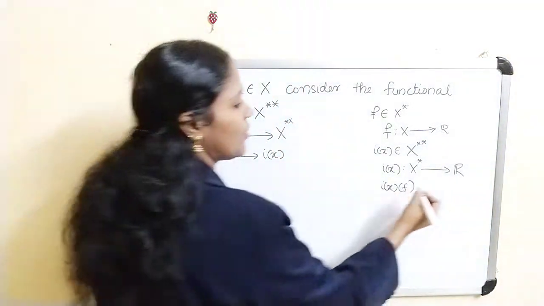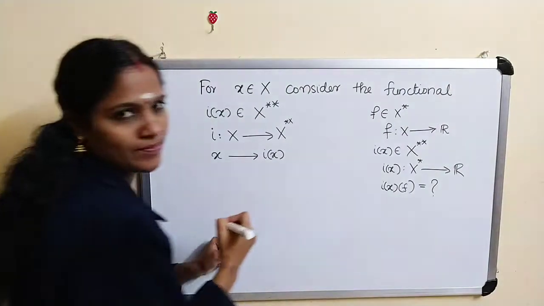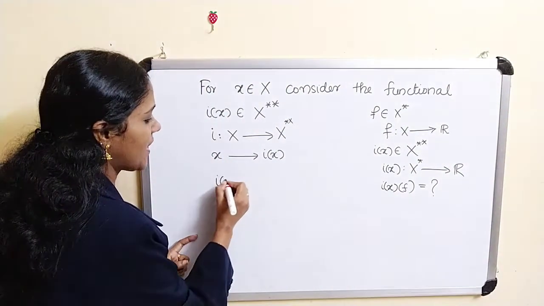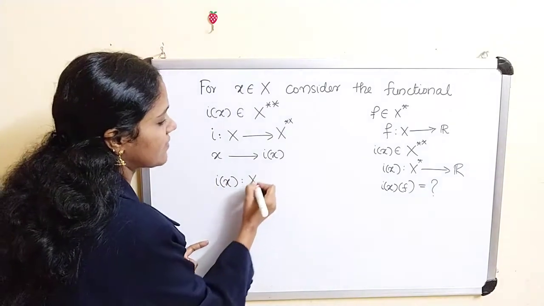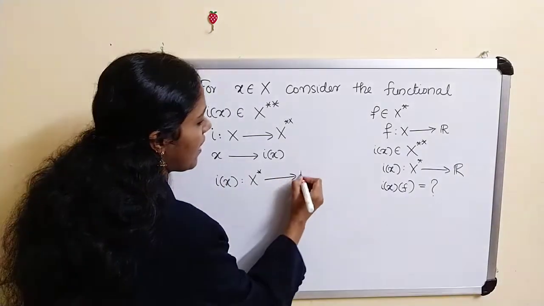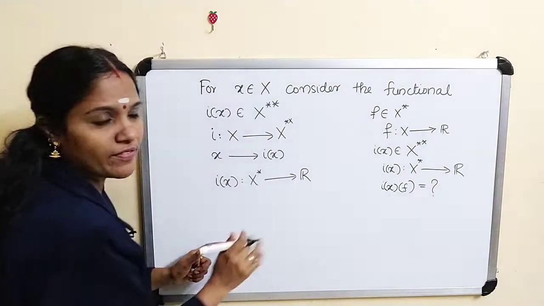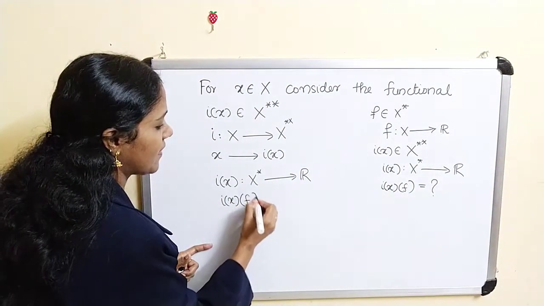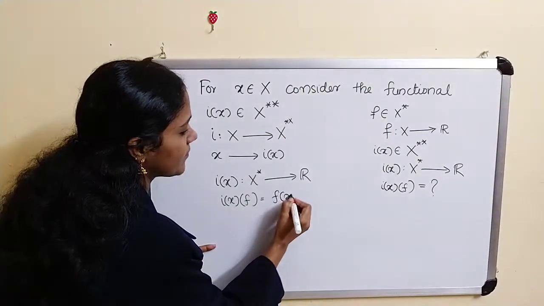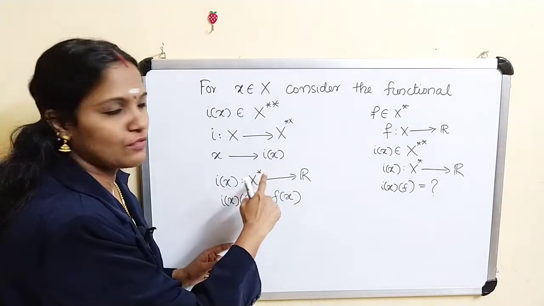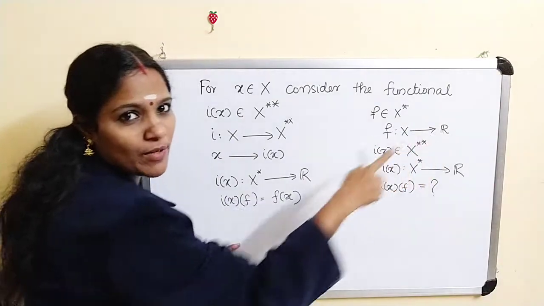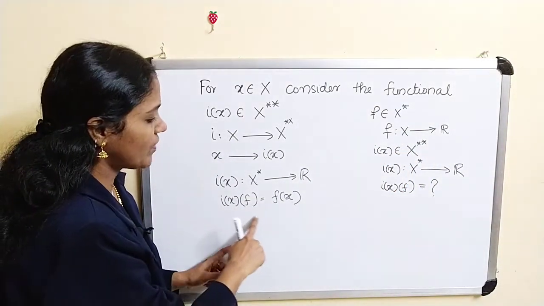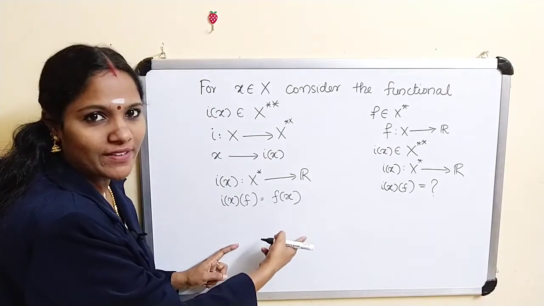For x belonging to X, we define I of x from X star to R, or to the field, as I of x of f equals f of x. Since f belongs to X star, f of x clearly belongs to R. So we define I of x of f equals f of x.